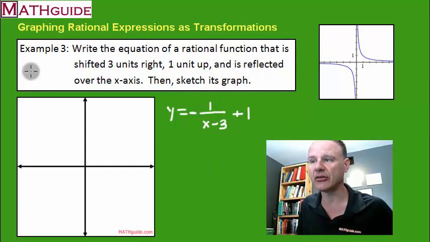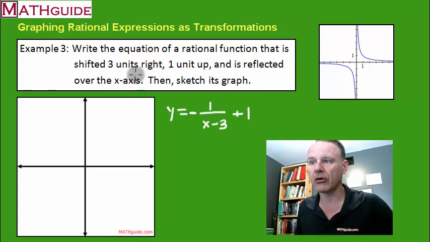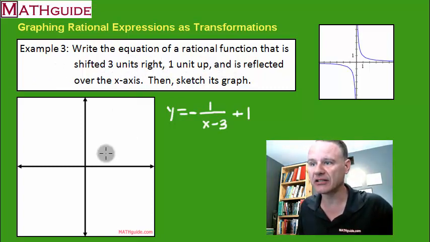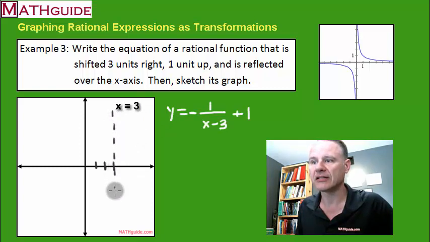Okay, so let's try doing it. Let's move the curve 3 units right, and that's what it says to do. All right, so I'm going to go 1, 2, 3, and that means that's where the vertical asymptote's going to be. I'm going to move the curve 1 unit up, so that's where the horizontal asymptote's going to be.